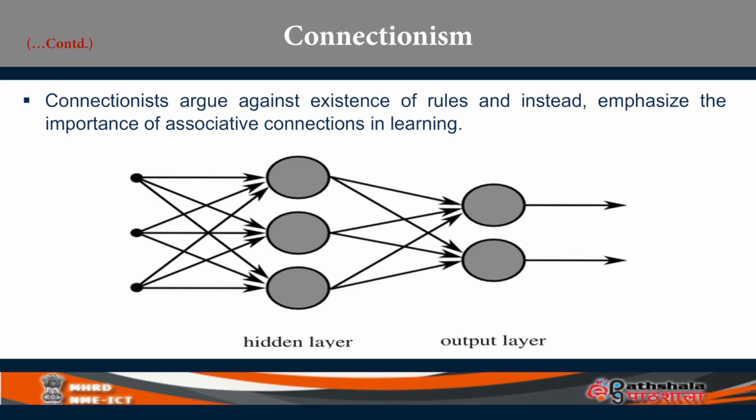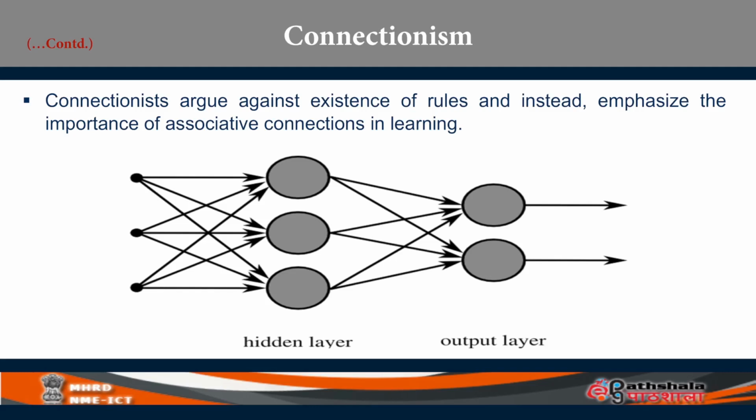Connectionists, meaning people who endorse connectionism, argue against the existence of rules, which is what generative linguists posited. They said there is no need to posit rules. Instead, the strength of association in the connections between different nodes, where a node can be treated as a neuron, is what is important.